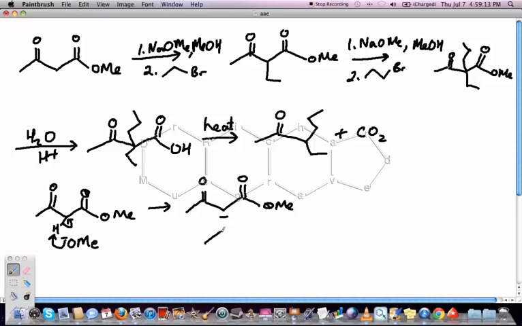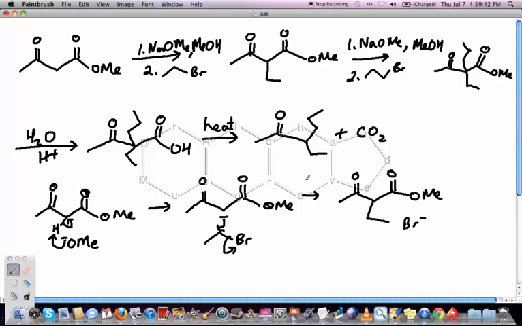Then we can throw in the alkyl halide, and that will produce this compound that is now substituted off the middle carbon. Alright, so that explains how we get this first product here.